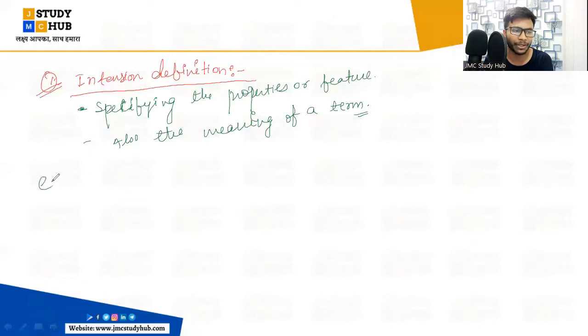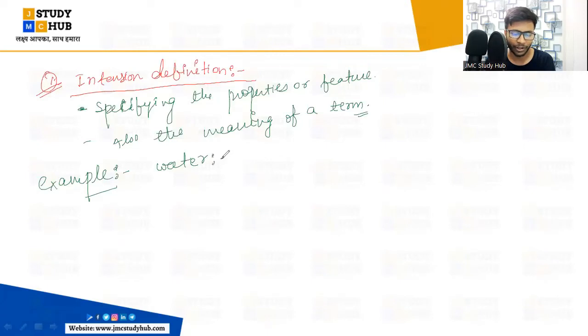Like for an example, we will give an example of intentional definitions. See, if I say the definition of water, like water in the subject of chemistry, how will water be defined? In terms of chemistry, how will water be defined, right?